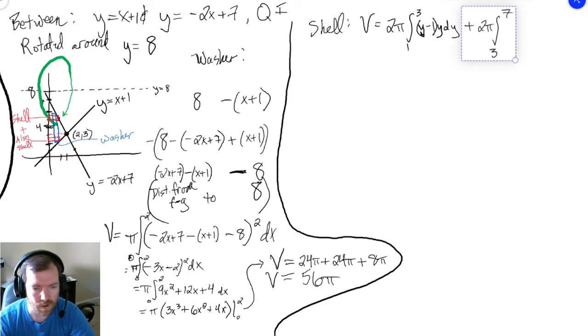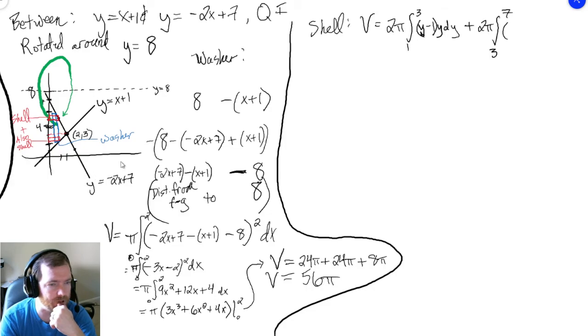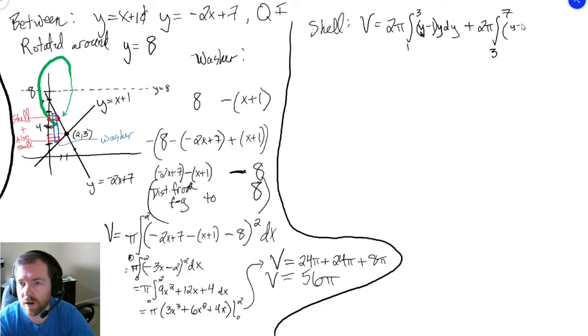Plus 2 pi integral from 3 to 7 of parentheses. This is going to be the inverse of this one, so that's y minus 7 divided by negative 2, y dy.